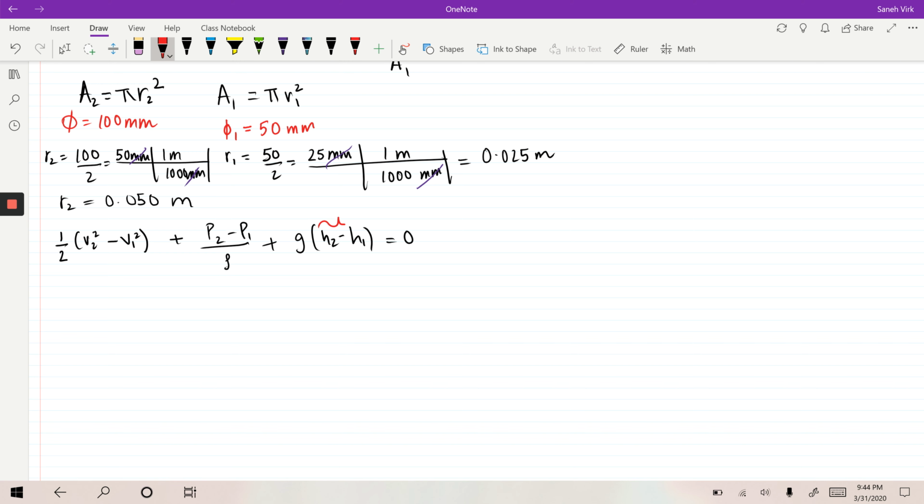In this case, our height term is 0 because the tube is straight. The manometer does not count. Right now we are talking about the top system.